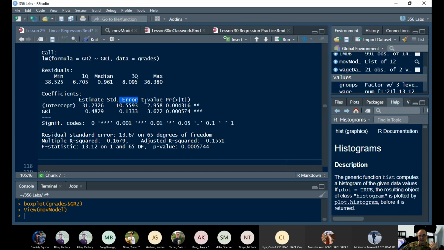These other things over here, standard error, t-value, probability, you don't necessarily need to worry about, but those are basically kind of doing what we would do in the hypothesis test for correlation, which we're not worrying about, right?